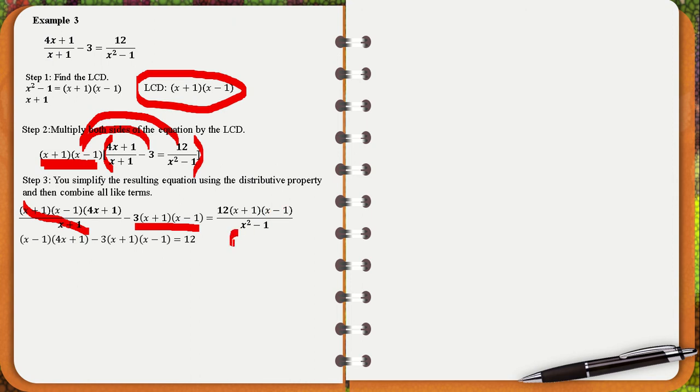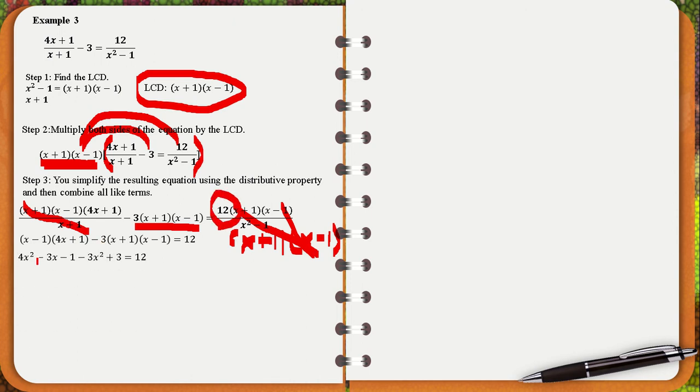Remember na ang factors nito ay x plus 1 at x minus 1. Okay? So, ika-cancel yung x plus 1, ika-cancel yung x minus 1. Ang matitira na lang ay 12.